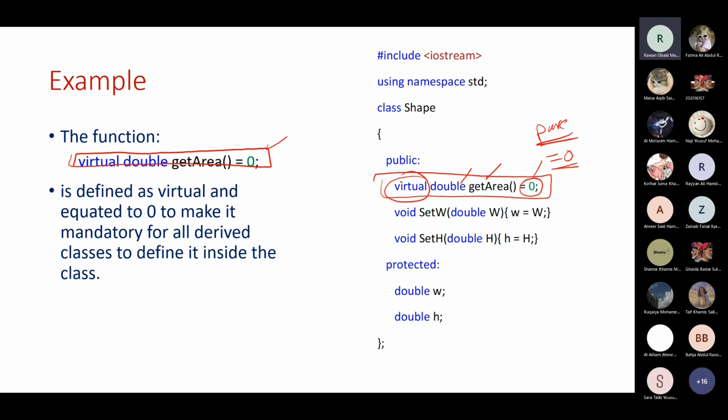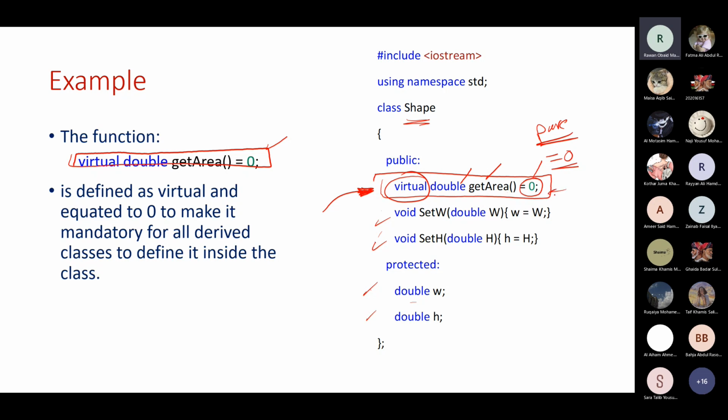Okay, virtual function. Set W is all right, set H is all right, protected W, and it will inherit everything. Any object that inherits from shape can use everything, except that any new class that inherits from shape should define this function.